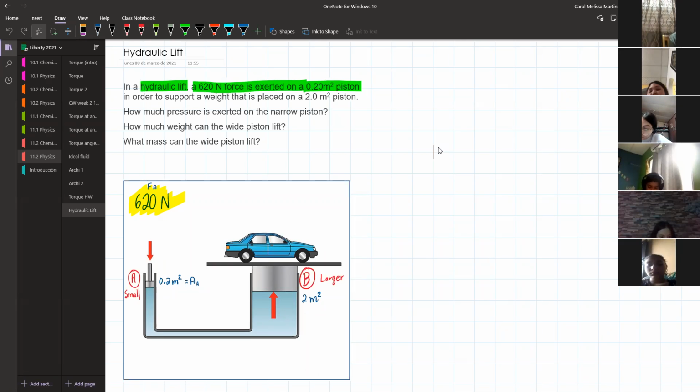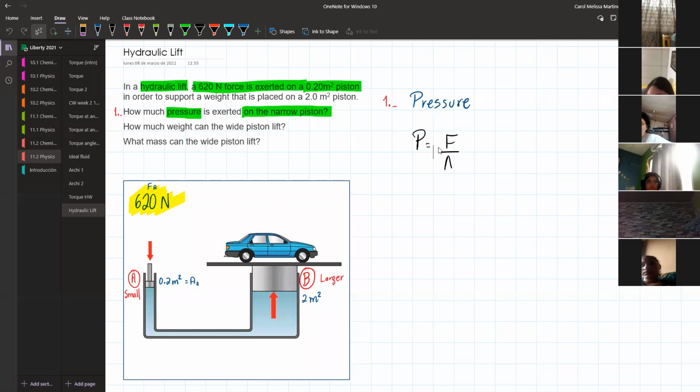The first one says, how much pressure is exerted on the narrow piston. So for the first question, I need to find pressure, on the narrow piston, so I'm going to work in that part. By Pascal's principle, I know that pressure is equal to the force divided by the area.